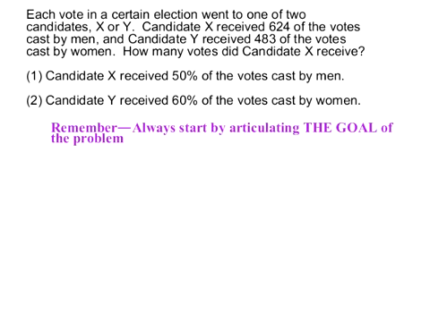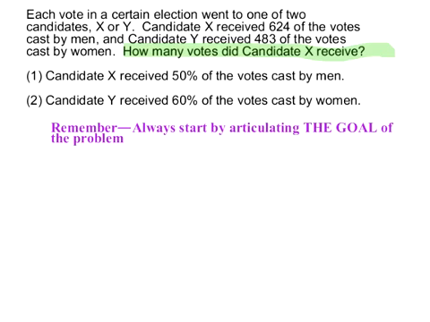What you should expect to not get here is both pieces of information. The goal is to find candidate X's votes, which means you should expect a situation in which candidate Y might still be an unknown number of votes.